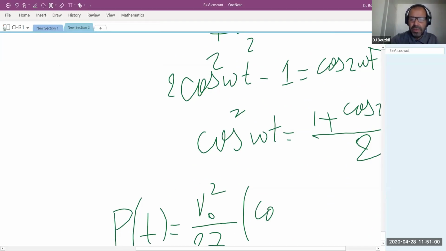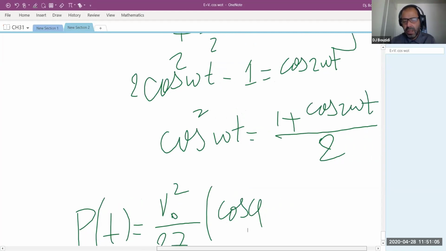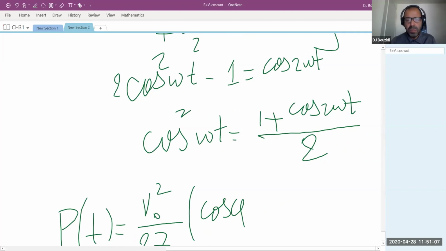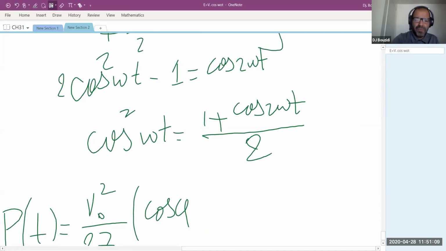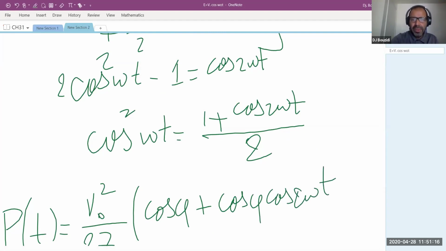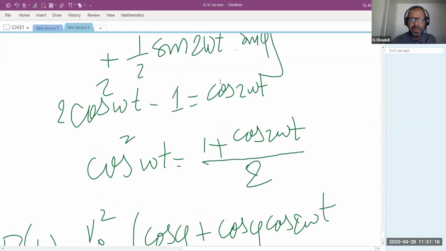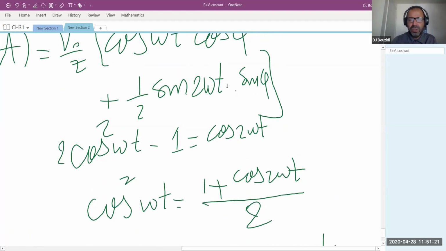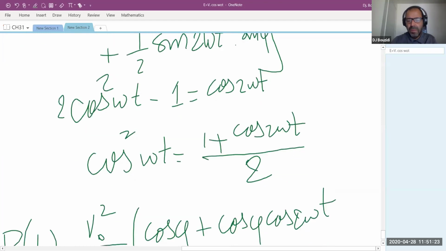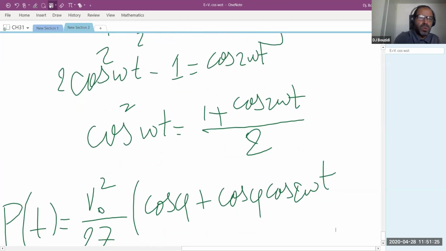And then I have a cos phi multiplying that cos of twice the angle. So in other words, I'll have plus cos phi cos of 2 omega t, and then I have another part in here that is left, sine 2 omega t times sine phi, because we took the 2 out as a common factor, plus sine of 2 omega t sine of phi.